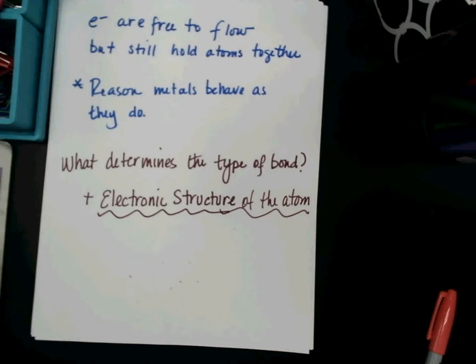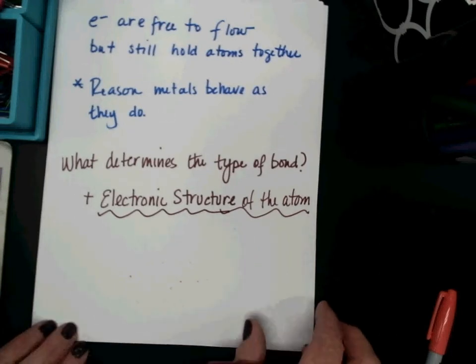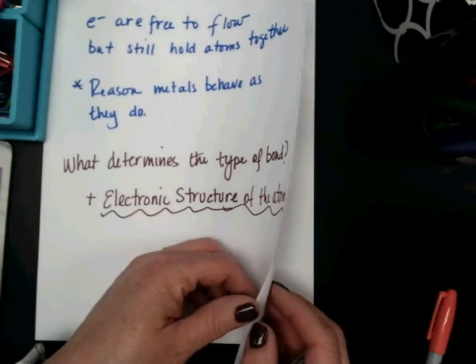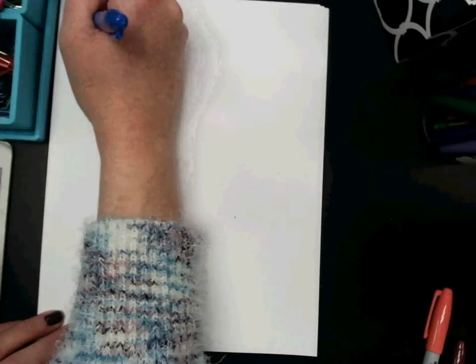And that's what determines what type of bond is going to form, how that atom is arranged, what type of atom it is. So then, two other things that I wanted to go over here really quickly that should be fairly simple.